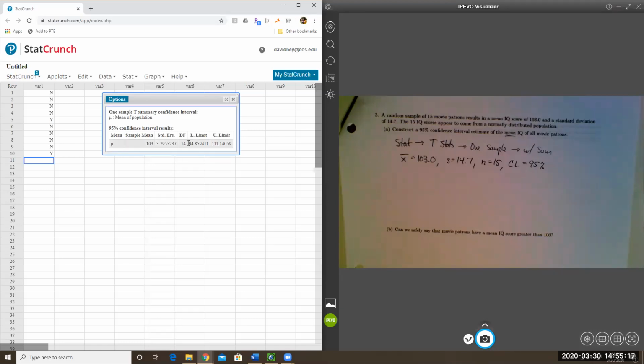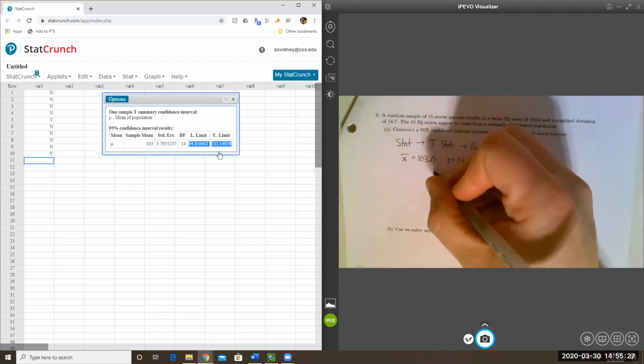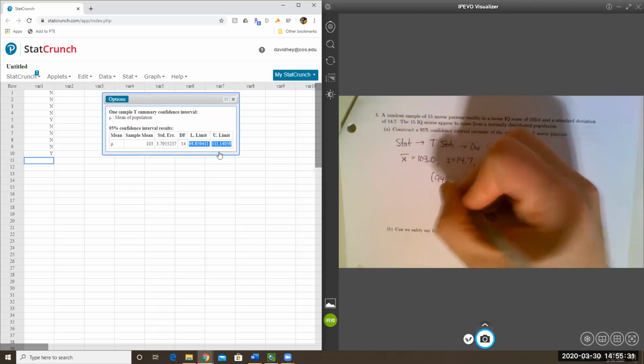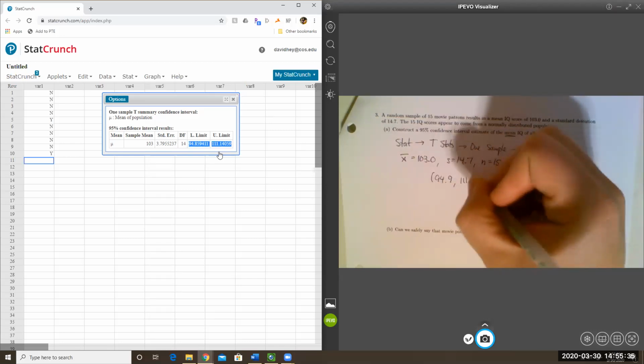All right, there it is. So I'm going to round this to 1 decimal place, and I'm going to say the mean IQ score is going to be somewhere between 94.9 and 111.1.